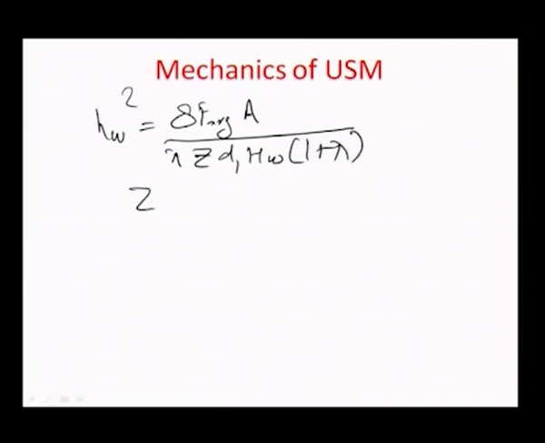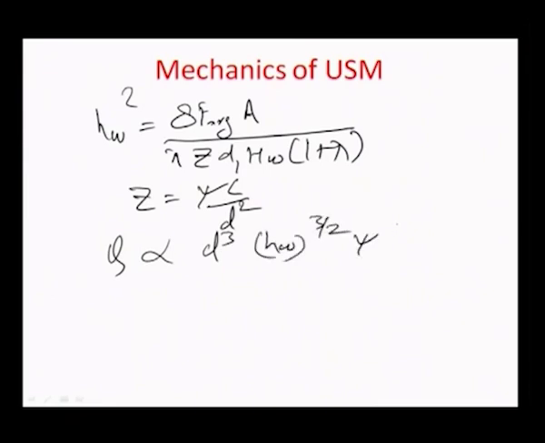And we already know that z is proportional to the concentration and inversely proportional to the square of the grain diameter. So if we put all these together, the Q equation becomes equal to cube of d times hw to the power of 3 by 2 times psi c by d square nu.